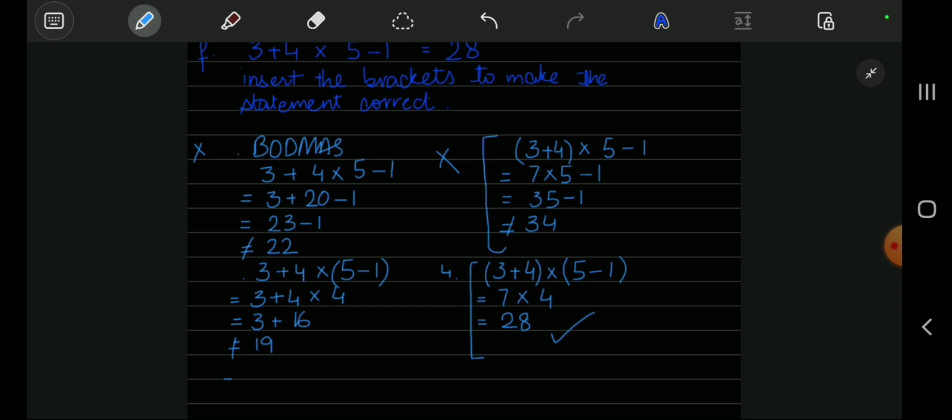I am just trying to arrange this a bit in a better way. This is the first method, this is the second method, this is the third method, and this is your fourth method. So this is the correct method.